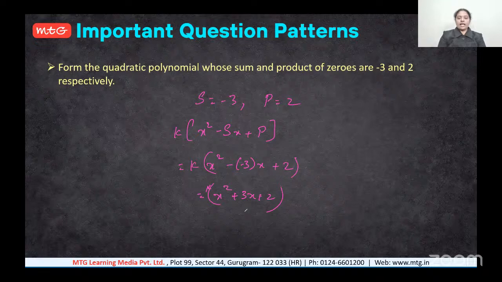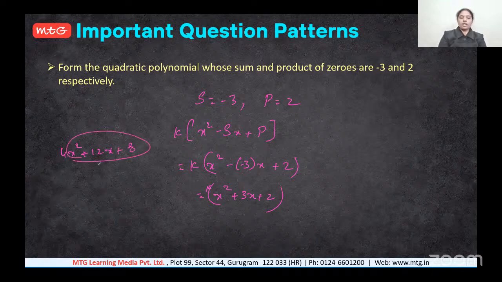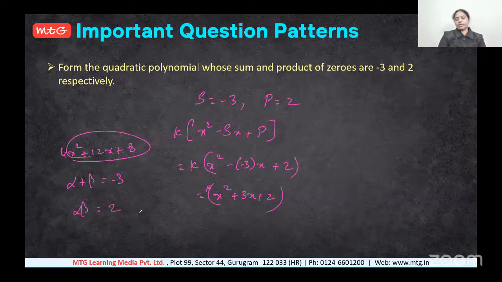Even now, suppose I have a polynomial x square plus 3x plus 2. Now, for a polynomial 4x square plus 12x plus 8, for this polynomial also, sum of zeros is nothing but minus 3 and product of zeros is 2. Understood?